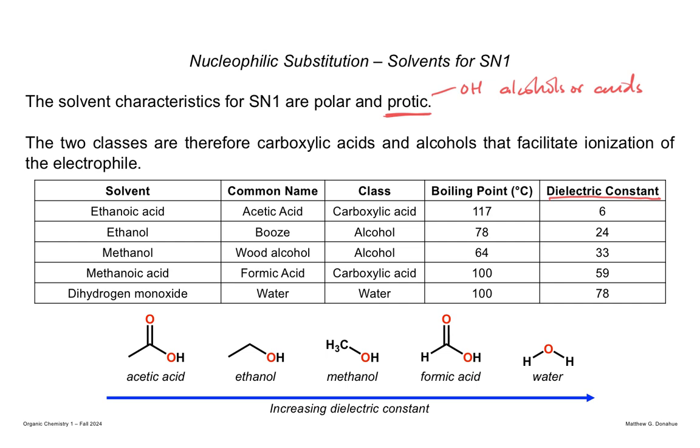So acetic acid, ethanol, methanol, formic acid, water. Not only are these the solvents, but again, they're also the nucleophiles, so they're going to be incorporated into the product. Maybe we can make a generalization here.